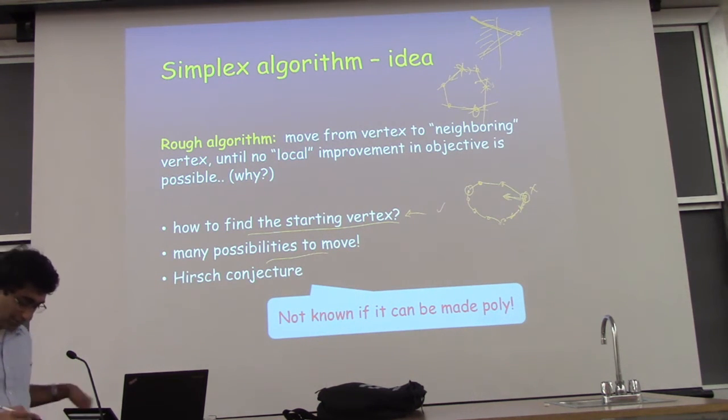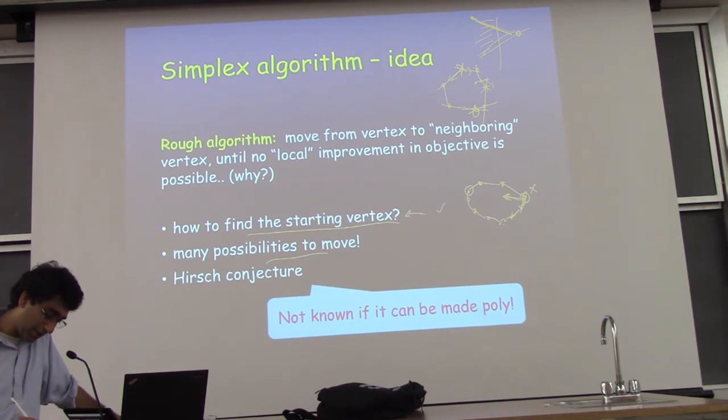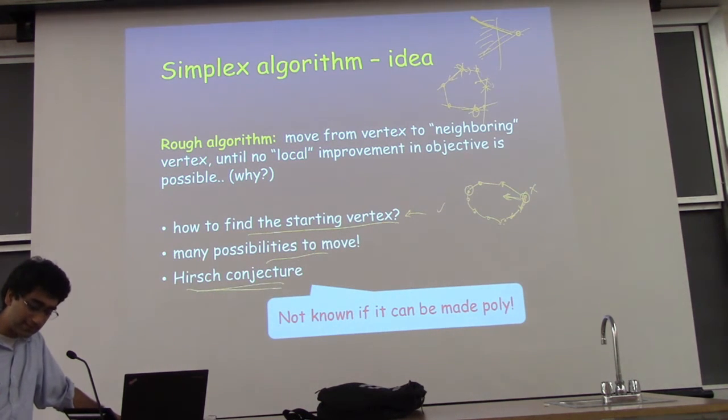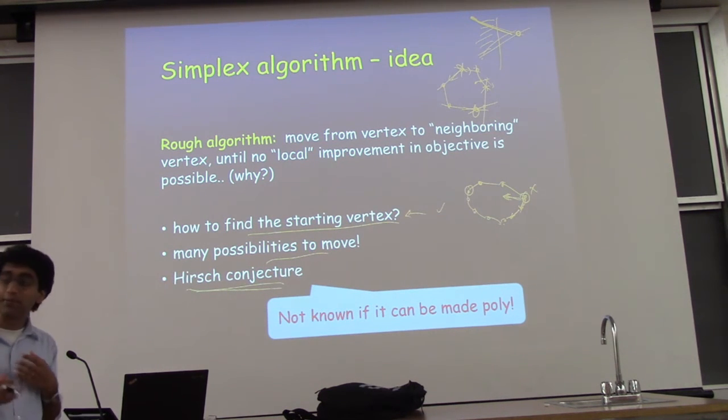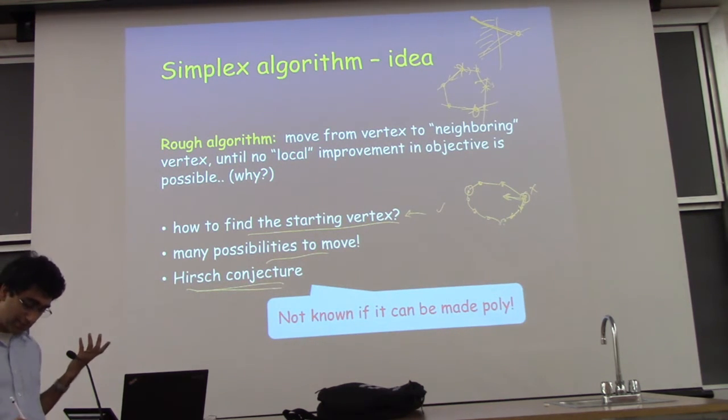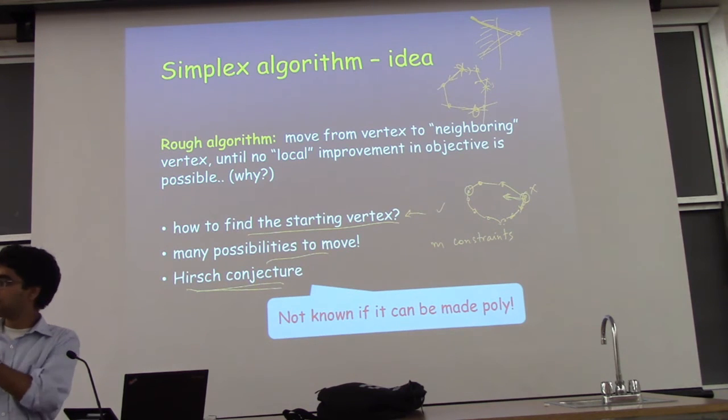This is actually a big open problem. Suppose you have n dimensions and you have m hyperplanes that define your feasible set. So you have m linear constraints, and you have n dimensions.